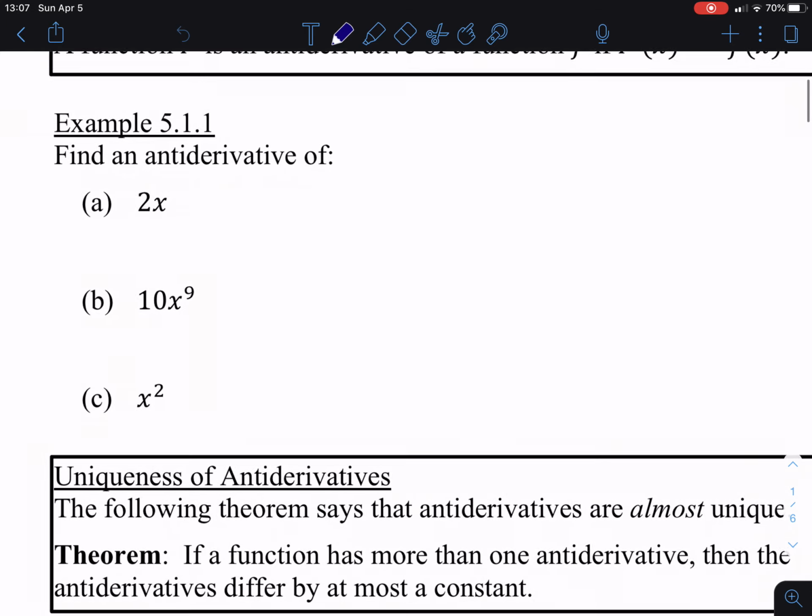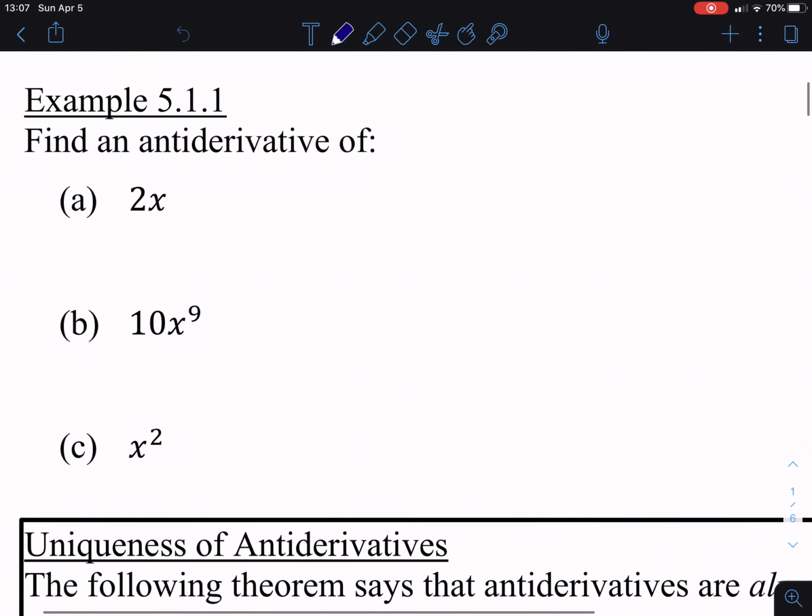First, we want to find the antiderivative of 2x. In other words, 2x is the derivative of some kind of function. That function is going to be k times x to some power, because if it's 2x, I'm dealing with polynomials and the power rule.